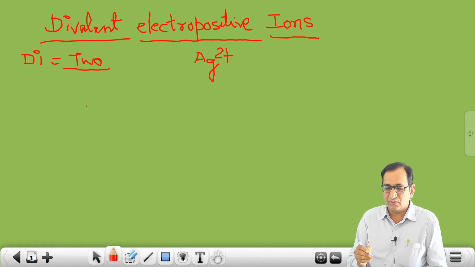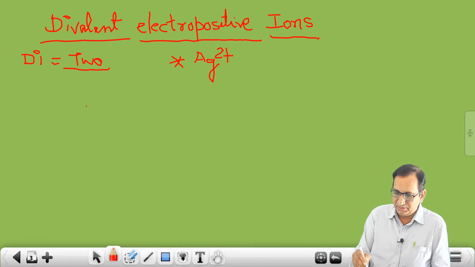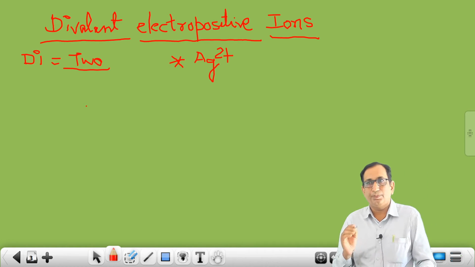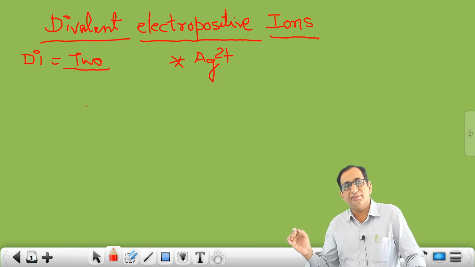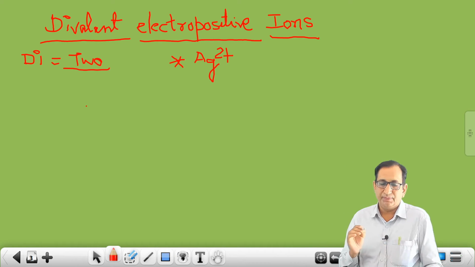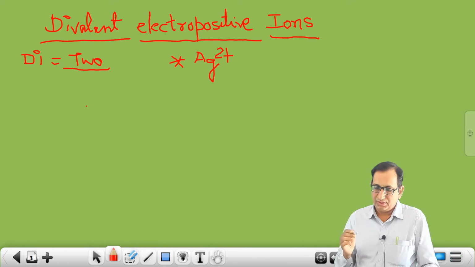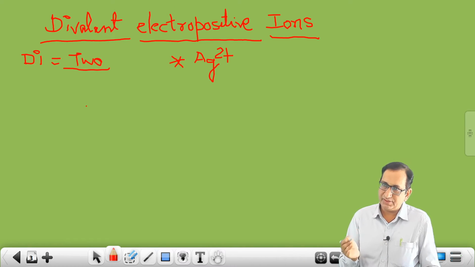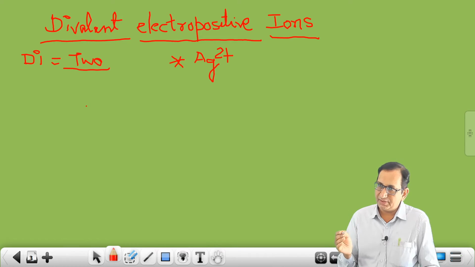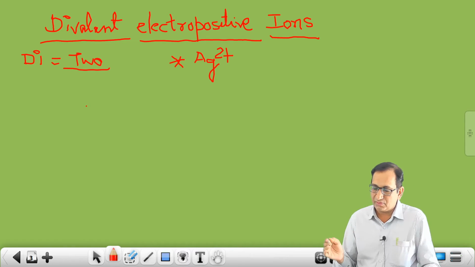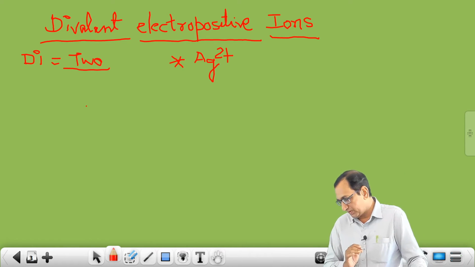Silver has variations in the valency, copper has variations, and mercury also has variations in the valency.